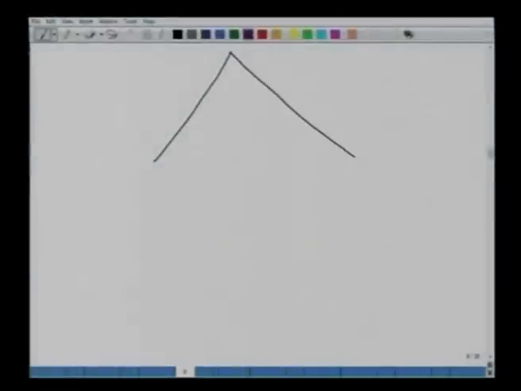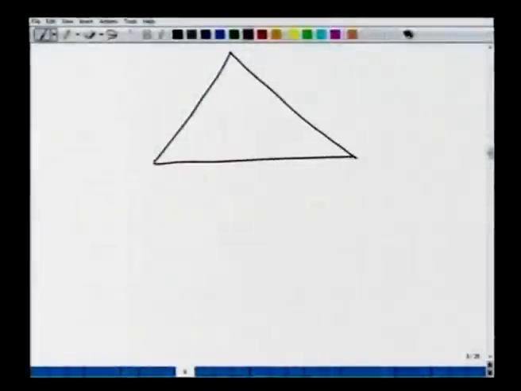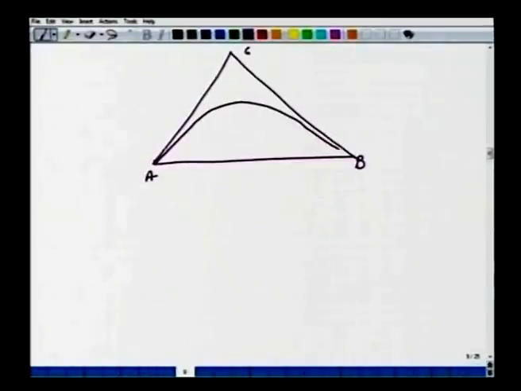Okay, so let's draw this equilibrium diagram. We have A, B, and C, and let's draw this phase envelope which will go like this. Say this is 10 here, this is 90 here, and let's say 40, and then let's say this is 60.